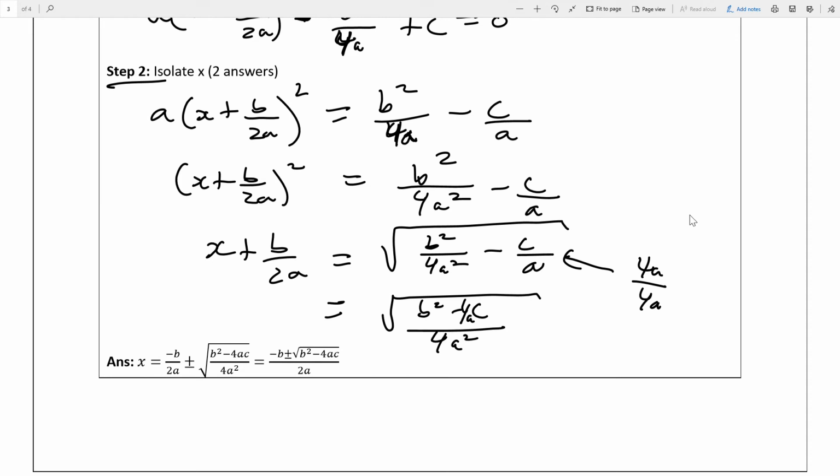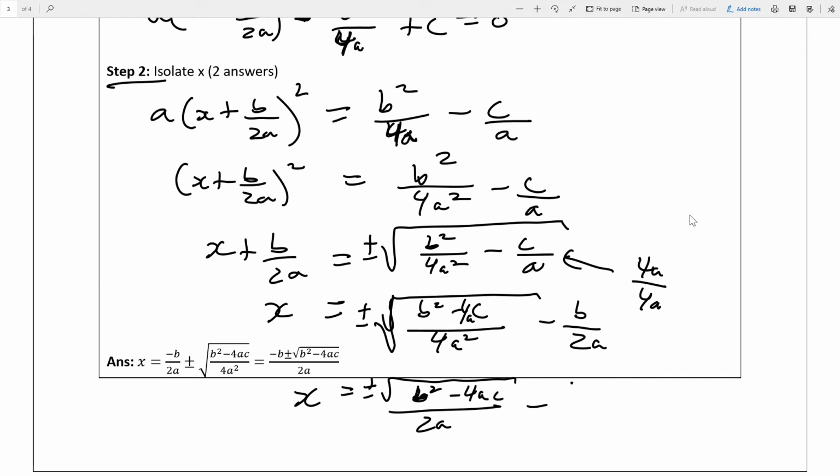Okay, and then we're going to subtract b over 2a on both sides. We can further simplify this by taking the square root of this fraction, square rooting the numerator and denominator separately. So we get the square root of b squared, oh, I forgot the plus minus, b squared minus 4ac all over 2a, minus b over 2a.